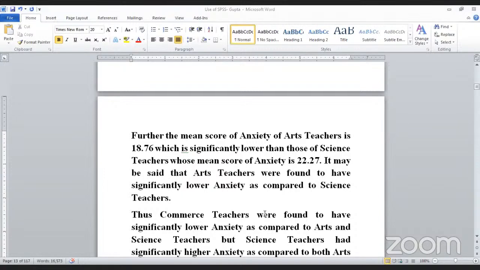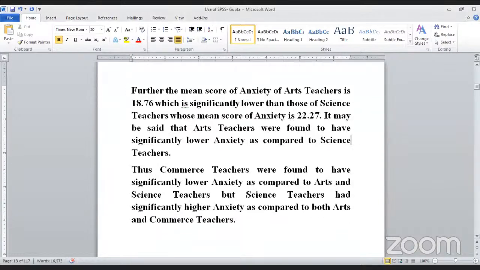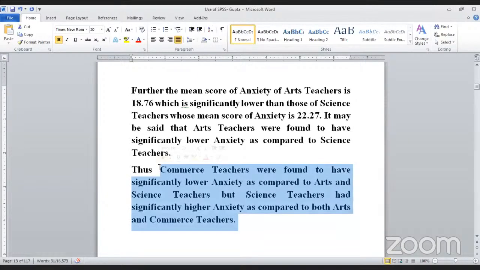So thank you very much. So therefore, this is my finding. If I have to interpret the Duncan's, you should interpret only one, either Duncan's or LSD. You cannot interpret both.